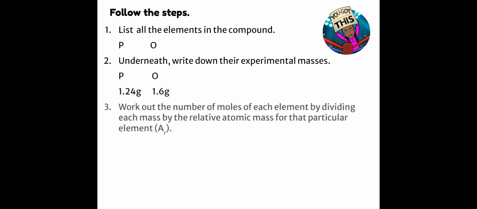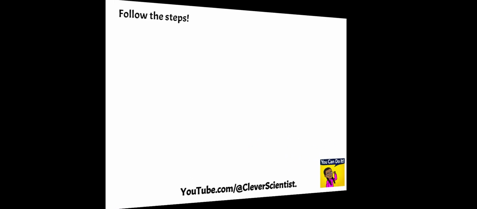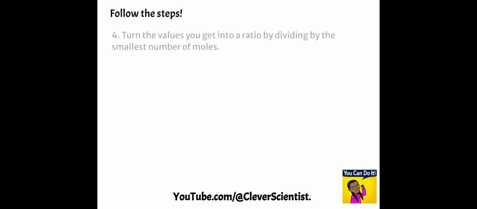So now we work out the number of moles. We're given the relative atomic mass values in the question, so we do that. Then next, we have the number of moles. And now, all we've got to do is divide by the smallest amount of moles to get the mole ratio.